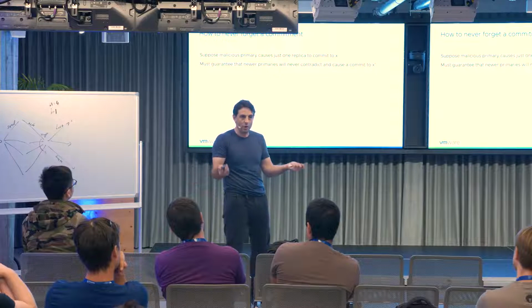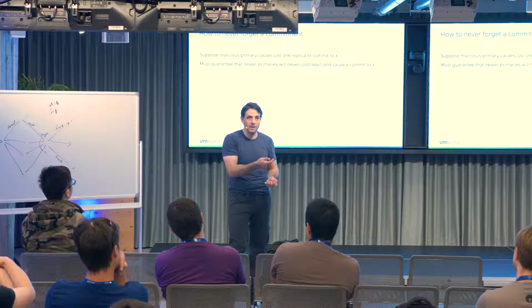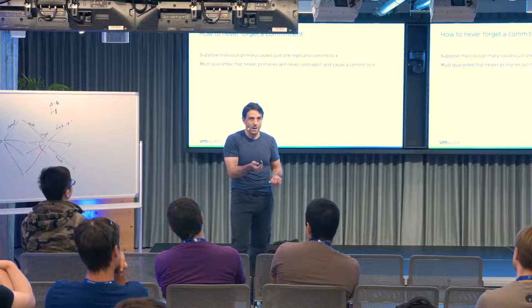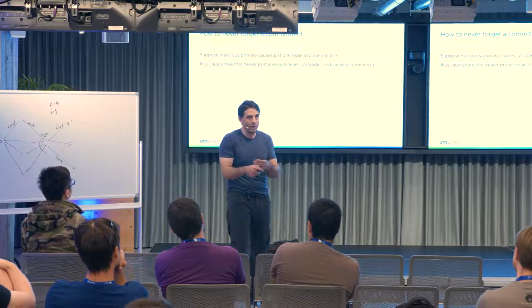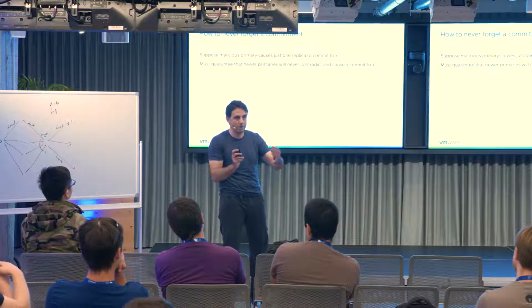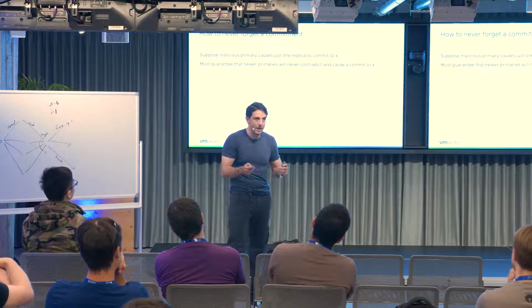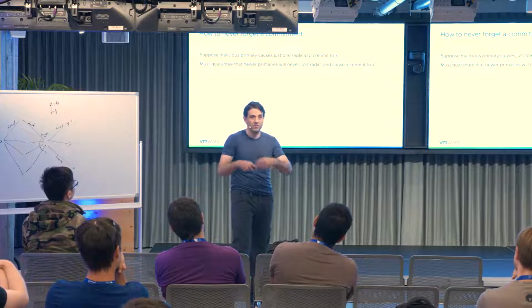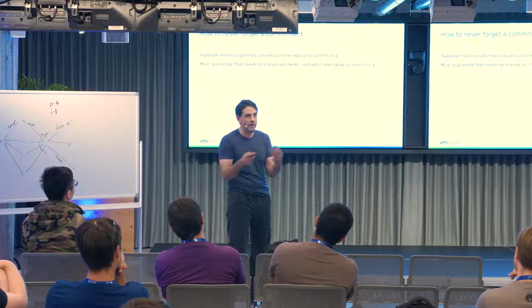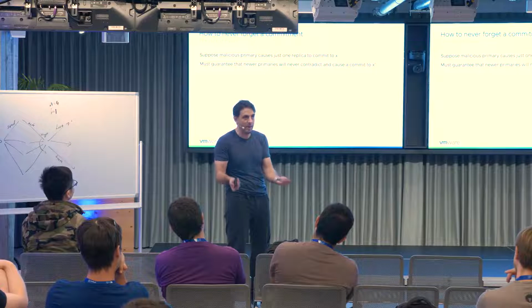And this requires synchrony assumptions. The problem could be that we're in partial synchrony. So in partial synchrony, it could be that even though I received your message and I commit and I send to everybody, now my messages are being delayed. I'm under a denial of service attack, and so nobody's going to see my message.